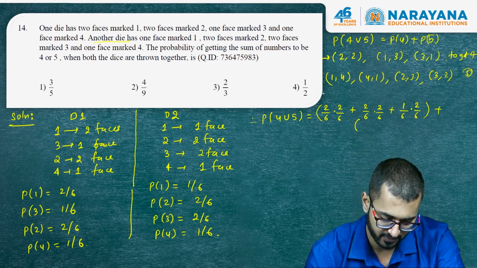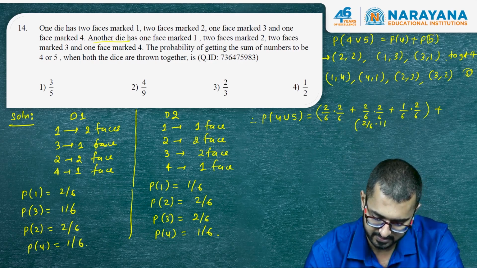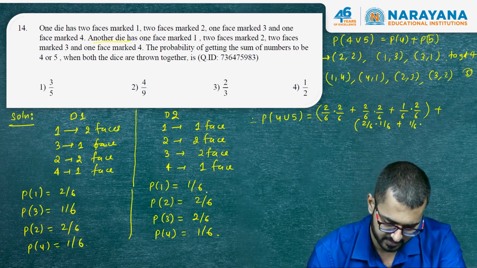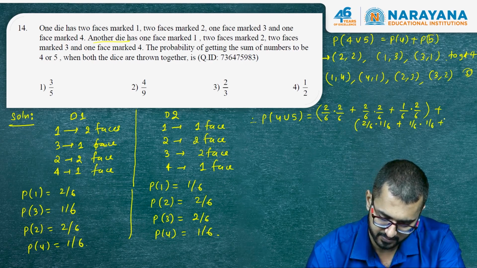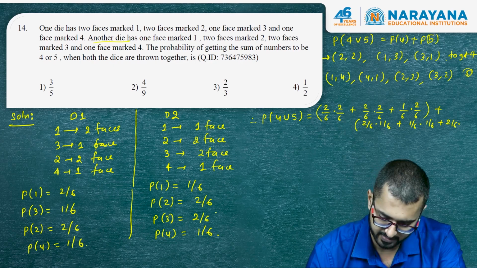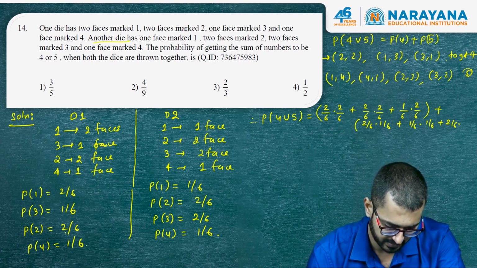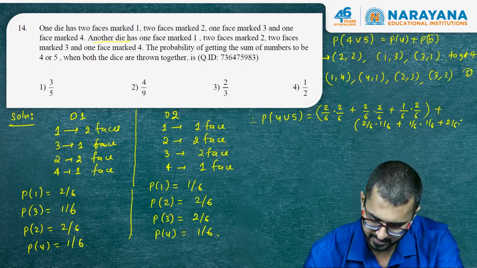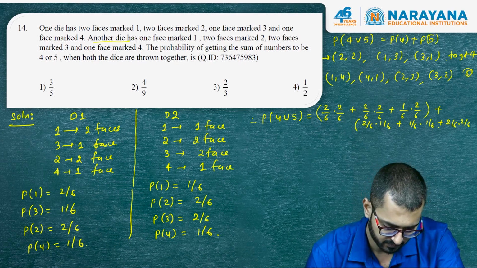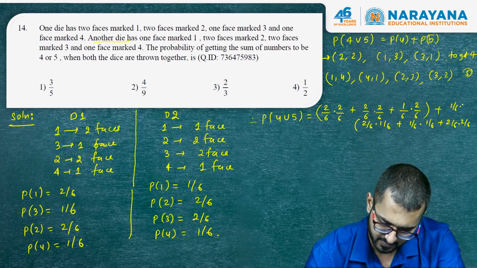So for 5 we have 1 and 4. For 1 we have 2 by 6 and for 4 again 1 by 6, plus for 4 1, 1 by 6 and for 1 it is 1 by 6, plus for 2 3, for 2 we have 2 by 6 and for 3 we also again have 2 by 6, and then plus one more, 3 2. For 3 it's 1 by 6 and for the second one it is 2 by 6.